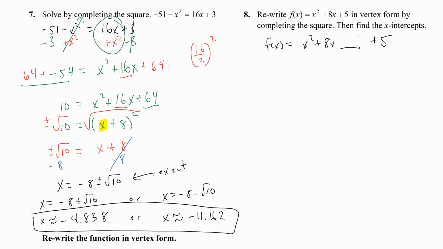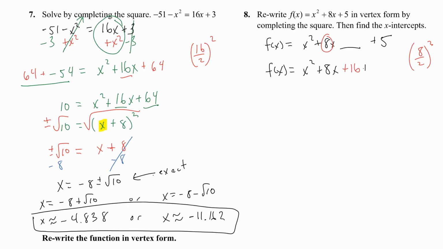So what we're going to add is half of the b value, and then square that. So this b value right here, we're going to divide that by 2 and square it. So 8 divided by 2 is 4, 4 squared is 16. So we're going to add 16 to that equation.